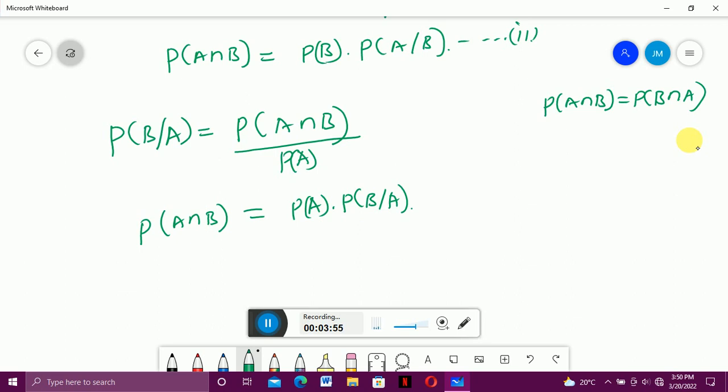So this is what we call conditional probability.